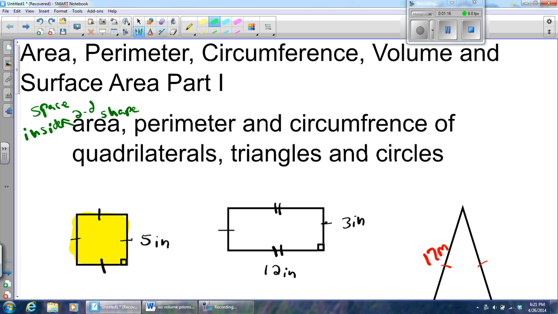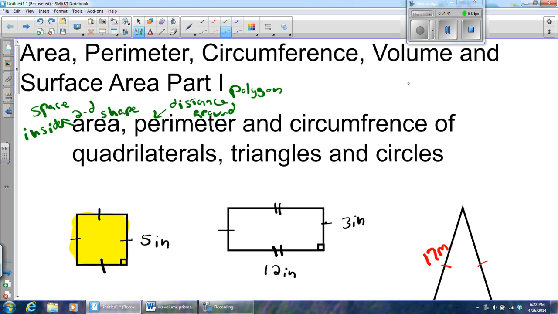Perimeter is the distance around a polygon. The distance around a polygon. Okay, so perimeter is the distance around a polygon. Okay. Now I didn't use the word polygon for area because circles have area, but they are not polygons.